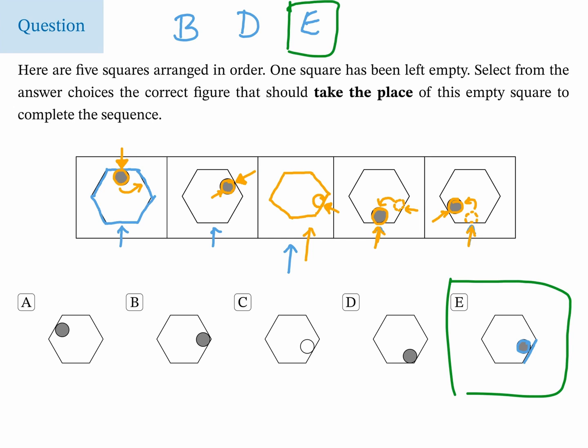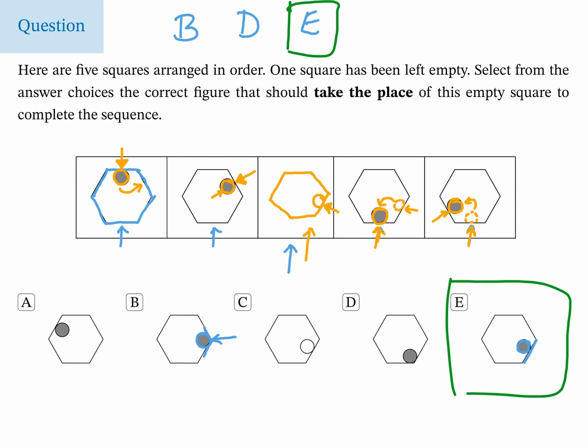So those of you that said E, well done. Let's quickly take a look at answer options B and D as well. Now, I can see exactly why you said B and D, but unfortunately, what happens in option B is that the gray circle actually touches two edges of the hexagon, which is not what we see in any of the other ones in the pattern.